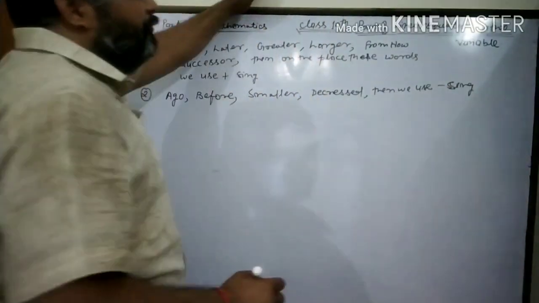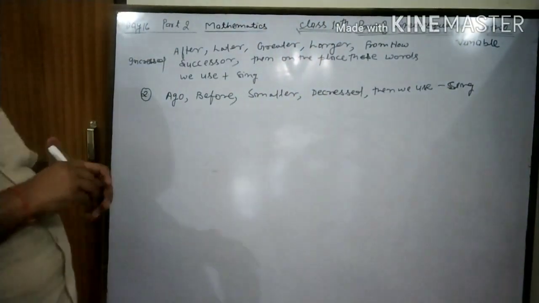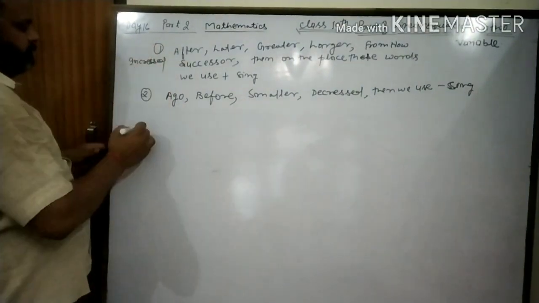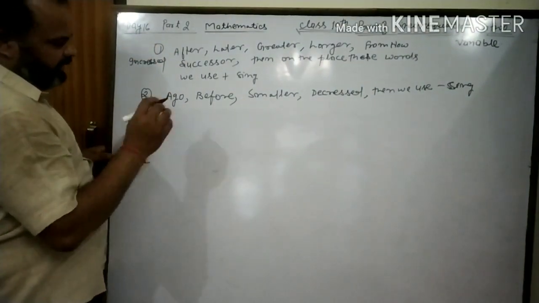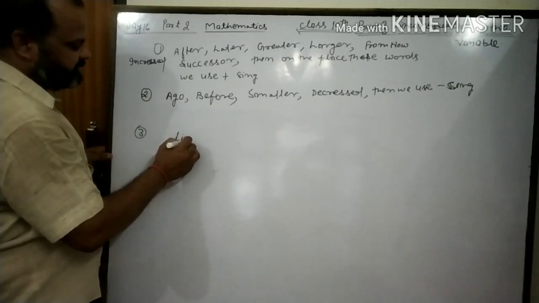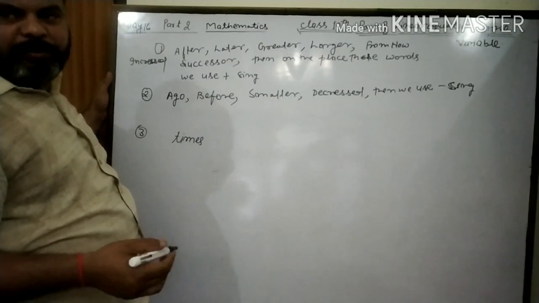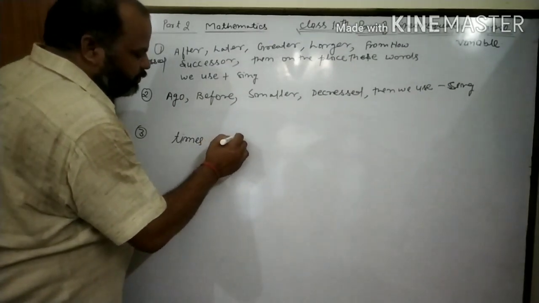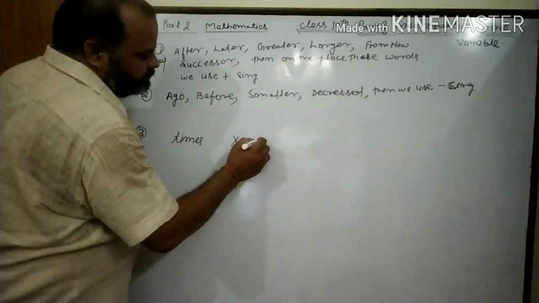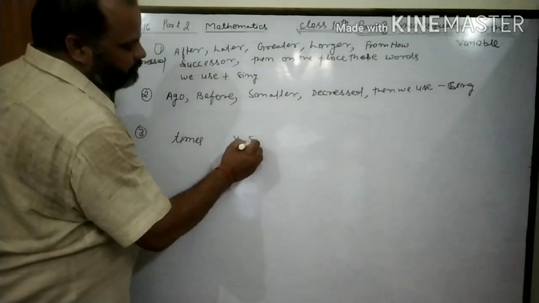Clear? Then we use the minus sign. In the same way, if in any statement we see times, like 2 times, 3 times, 4 times, 5 times, then we use the multiplication sign. Clear?